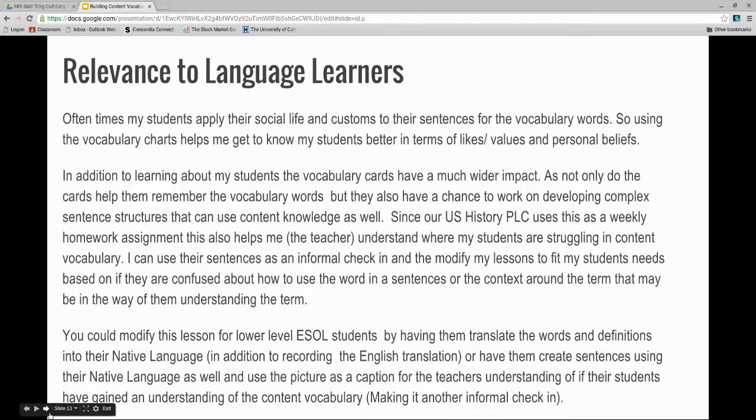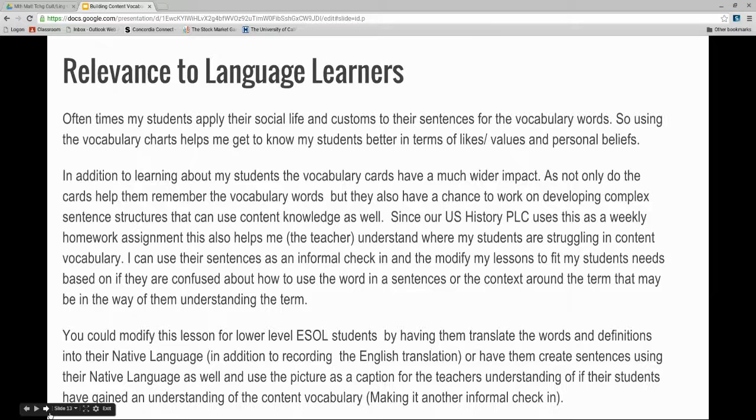So for instance, if I see that students are struggling with their understanding of the word corroboration, which means to support, I can create a lesson in which students have to find how the documents support or corroborate one another. And so that way they get a hands-on feel for how you could see that term and how you can use it.